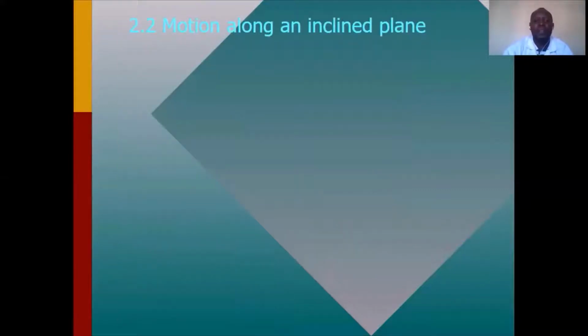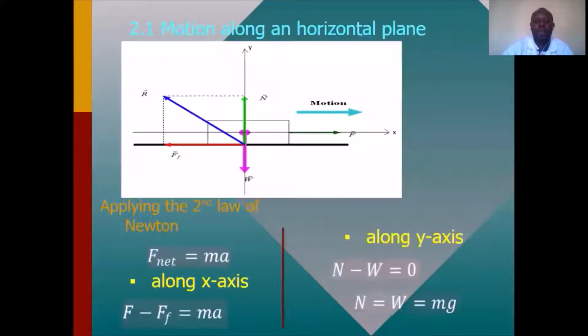The second case is motion along an inclined plane. So we have no longer a horizontal plane, but we are going to shift this x at a certain angle with the horizontal. As x and y are perpendicular, if x shifts an angle theta with the horizontal, also y will shift the same angle theta with the vertical.